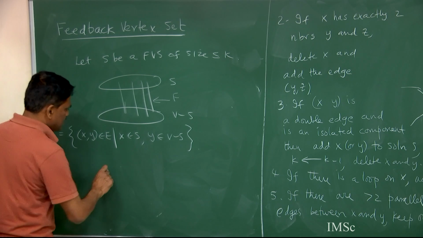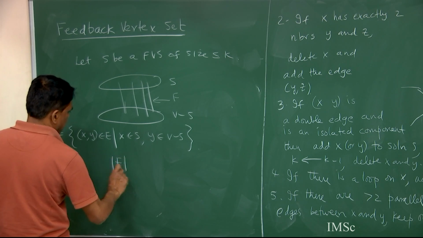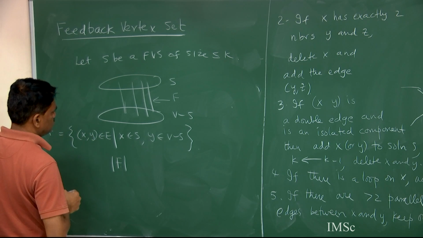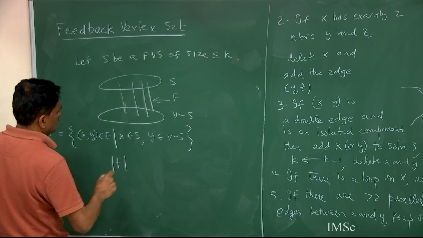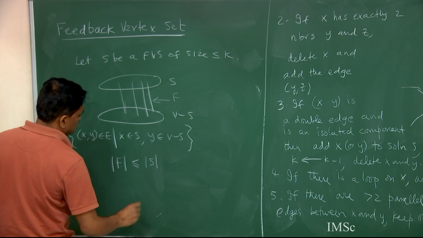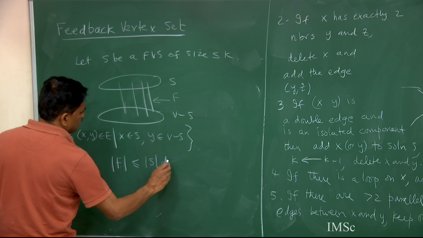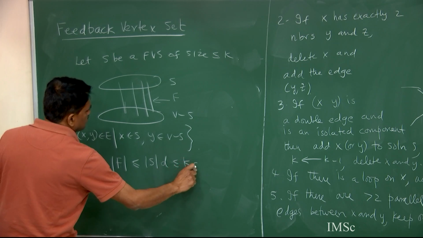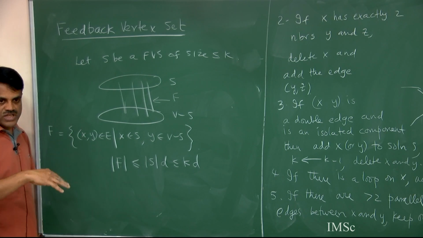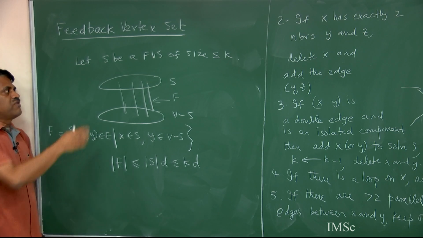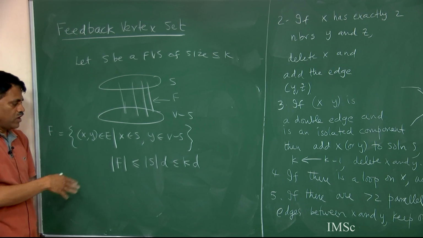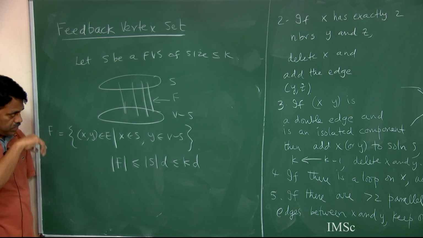So how many edges are there? The number of edges is at most the cardinality of S times d, so at most k times d, because there are k vertices here and each one has degree at most d.